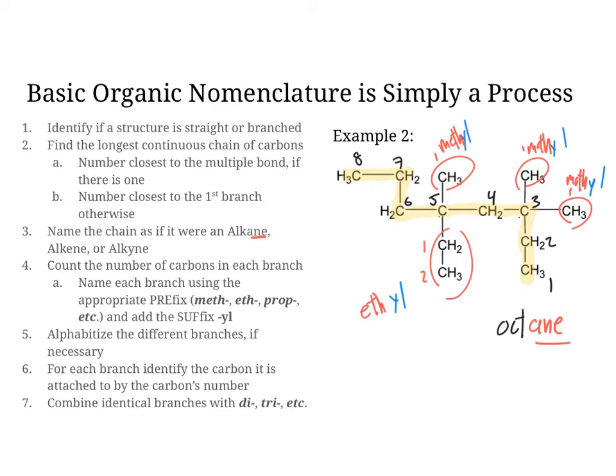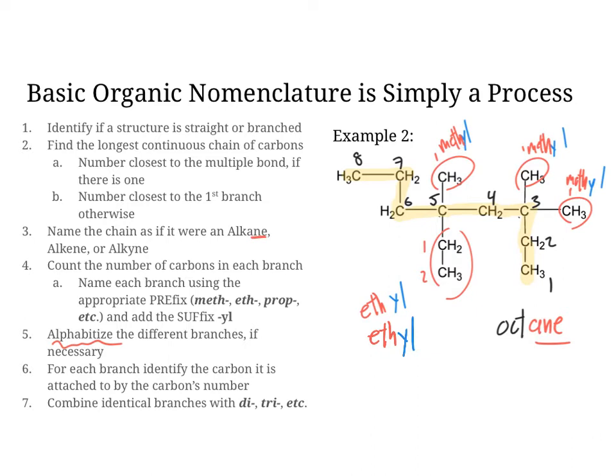Now, in order to put them in the right order, I have to alphabetize my branches. When I do the alphabetizing, I know that E comes before M. So I know that my ethyl has to be one of my first things. So this is going to be an ethyl.